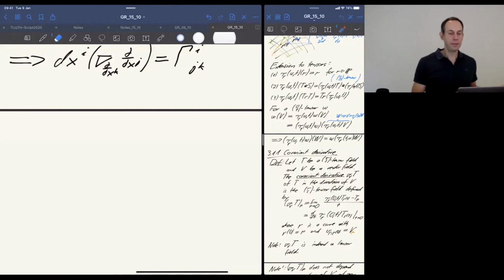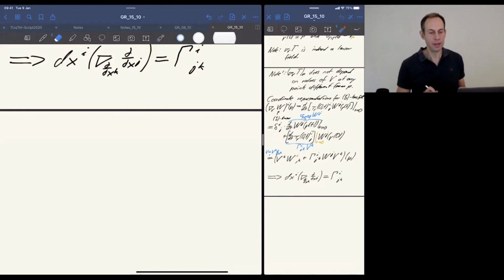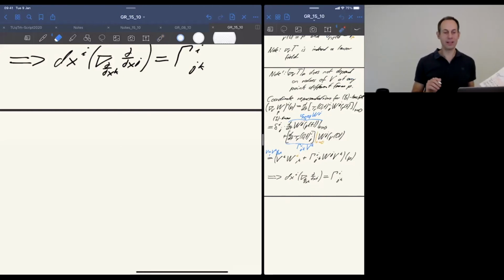Renato? Yes? There was a comment in the chat that maybe you want to comment on. This person said that it would also have been possible to go the other way around, starting from the metric tensor and then defining the connection automatically, and then defining parallel transport. Yes, this is a very good point, and I will also come to that in more detail.